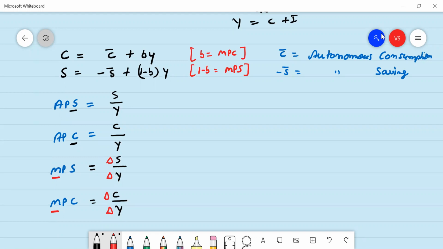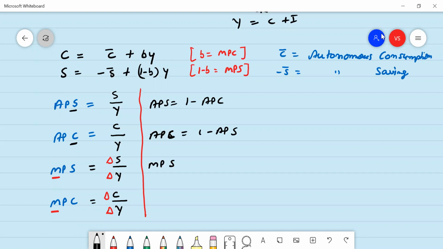Now there are formulae for all these in OR also. So APS equals 1 minus APC. Likewise, APC equals 1 minus APS. MPS equals 1 minus MPC and MPC equals 1 minus MPS.